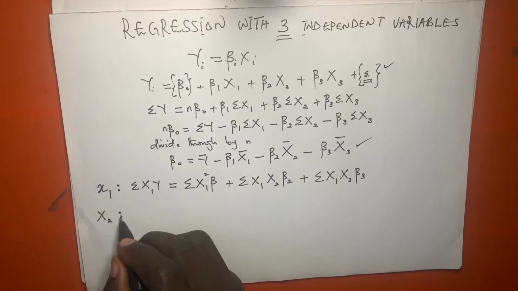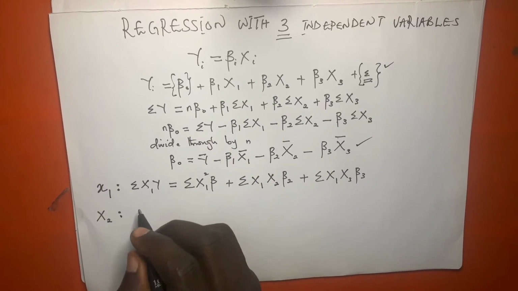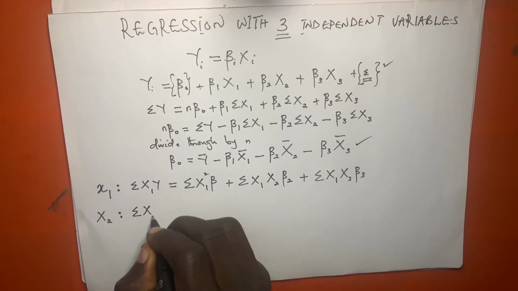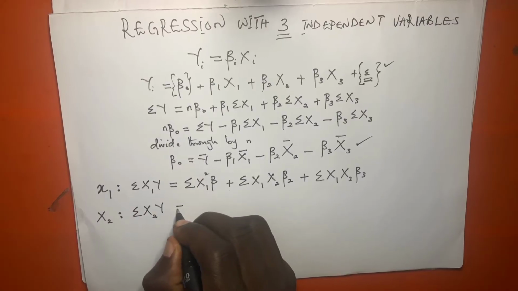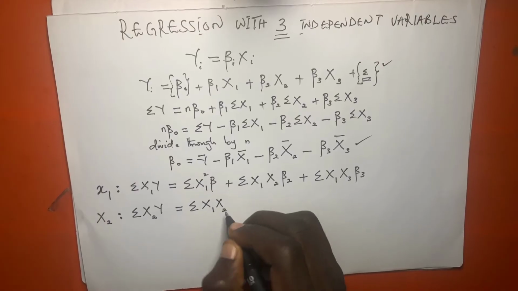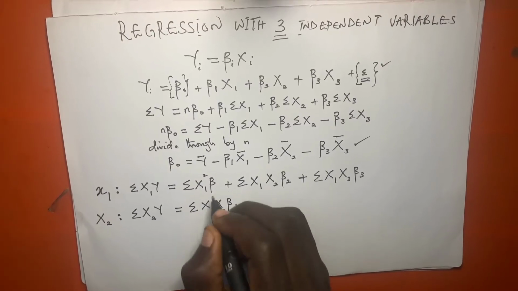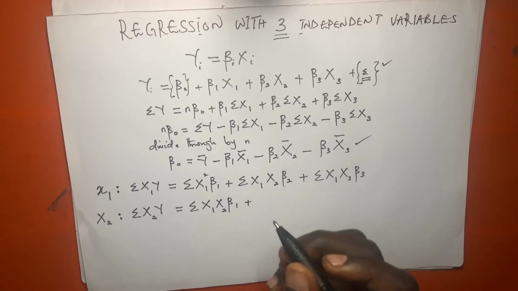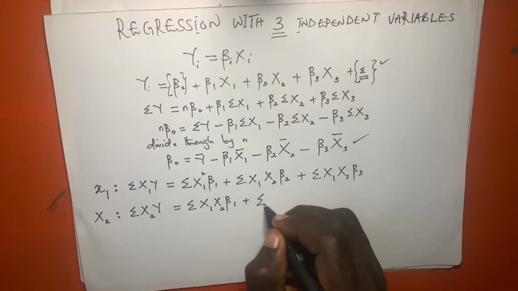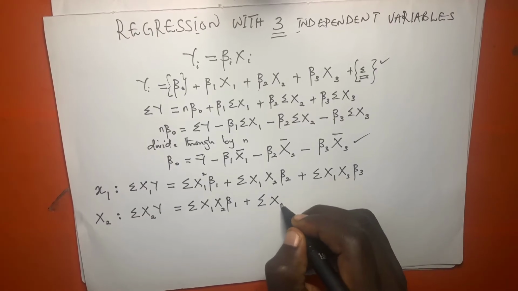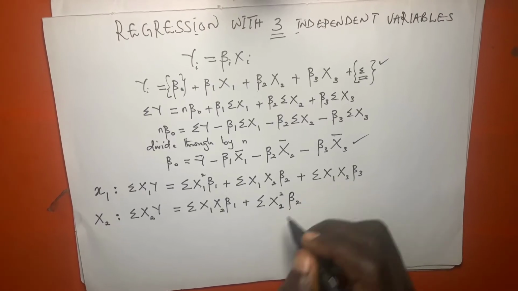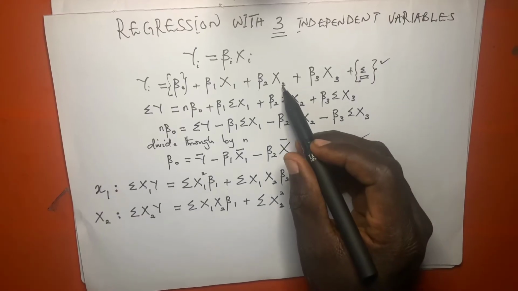So now this is going to be summation x2 multiplied by y, which will give us summation x2y equals summation x1 x2 beta 1, plus summation x2 multiplied by this, which will give us summation x2 square beta 2, summation x2 multiplied by this x2.